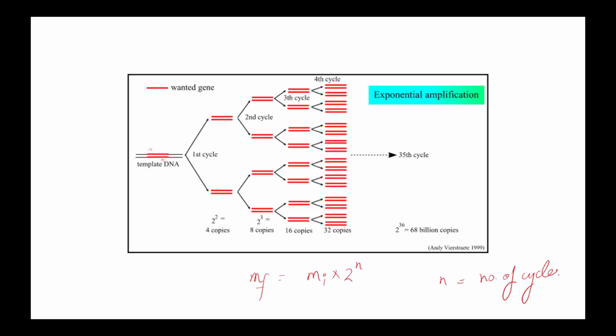This is the initial number of fragments with which you have started, and this is the final number of fragments you will get. This is the formula using which you can calculate, if you start from a particular number of DNA molecules, how many DNA molecules you will have in your reaction at the end.